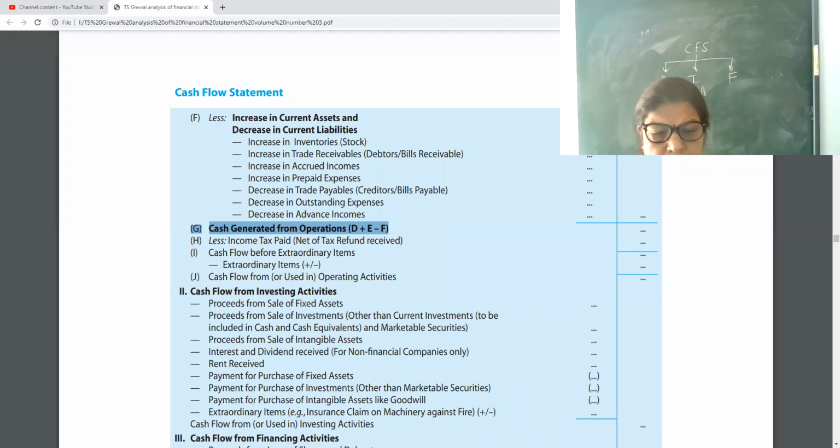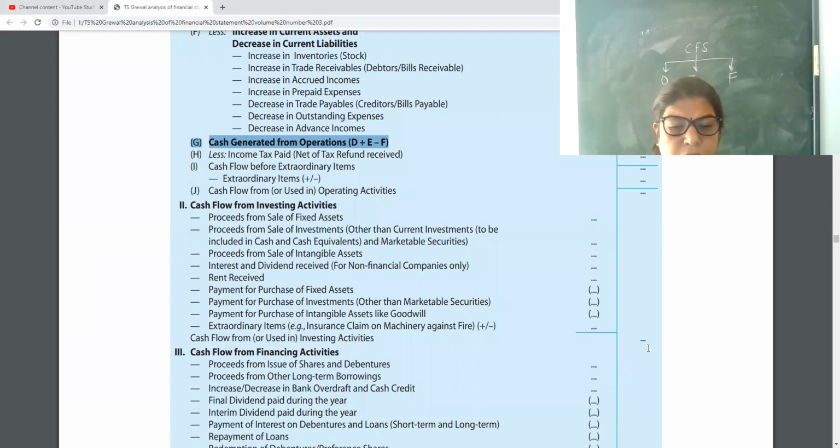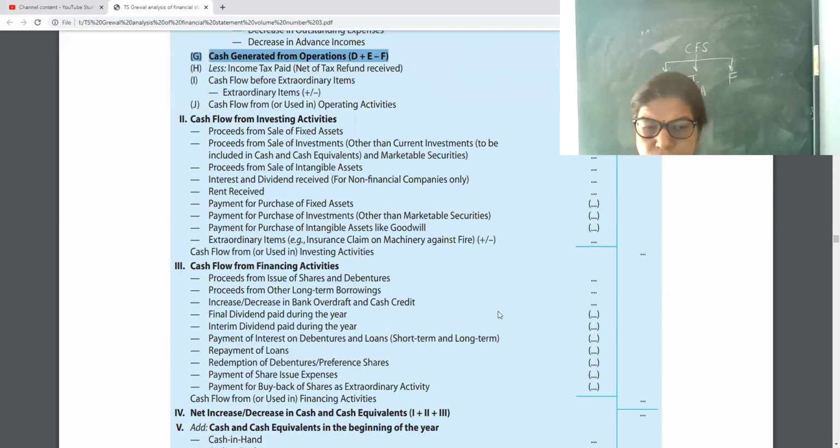Clear? So, when you subtract outflow from inflow, you will get the final result. If that is positive, you will write cash flow from investing activity. And if that is negative, you can write cash used in investing activity.